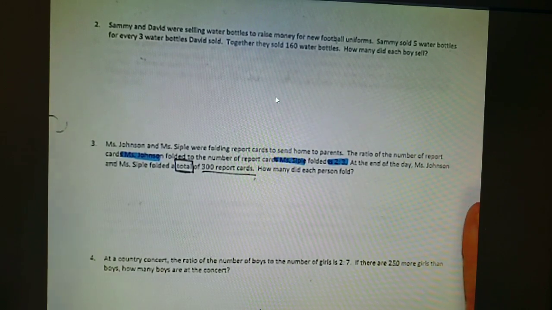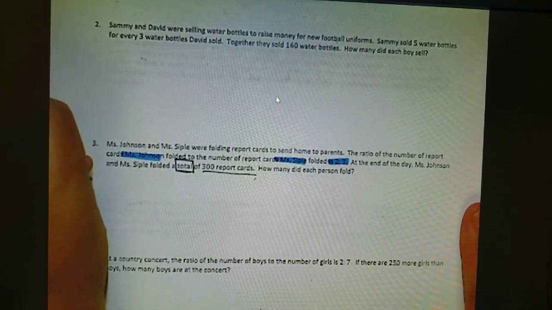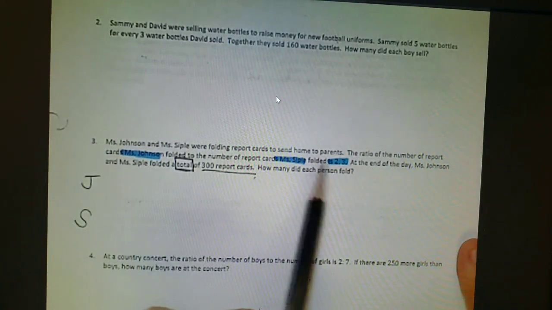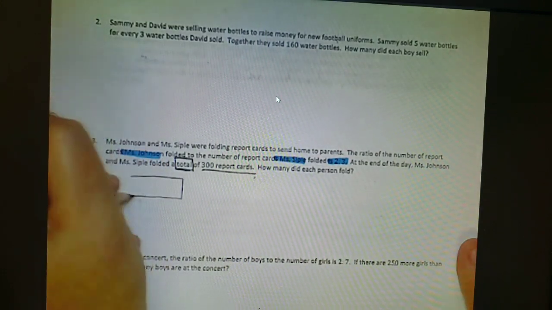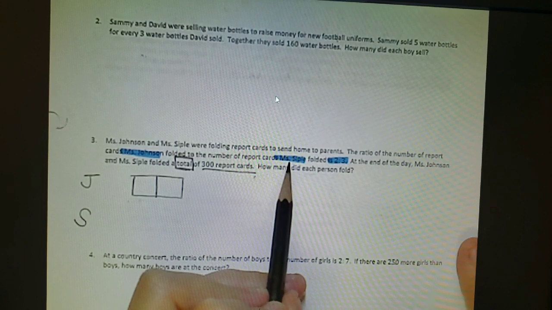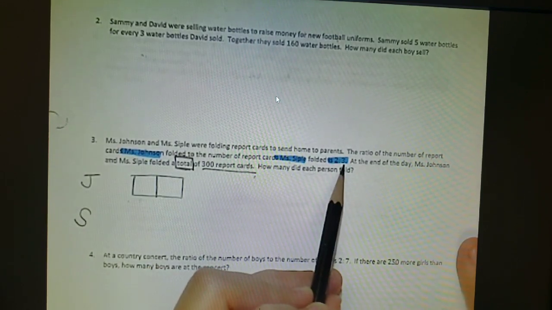All right, so we're going to create our tape diagrams. We have J for Johnson. We'll just do S for Miss Sipple. Okay, Miss Johnson is first in the ratio statement, and the 2 is first in the ratio. So Miss Johnson gets 2. Miss Sipple is second in the ratio statement, and the 3 is second.